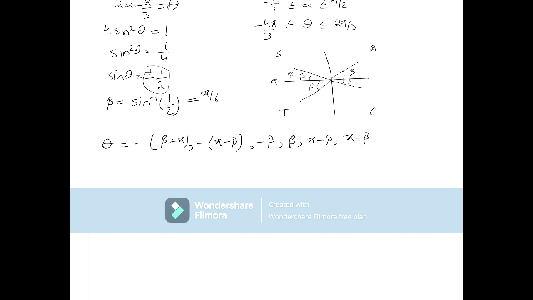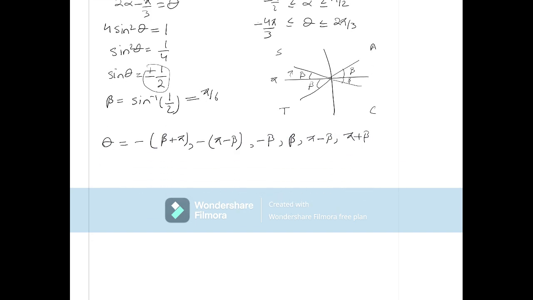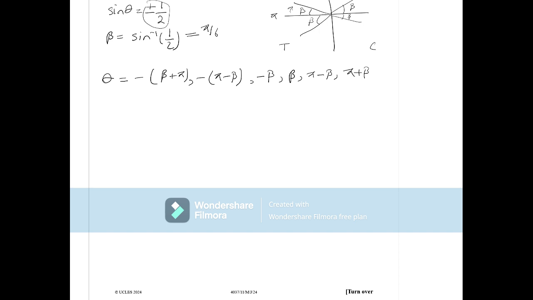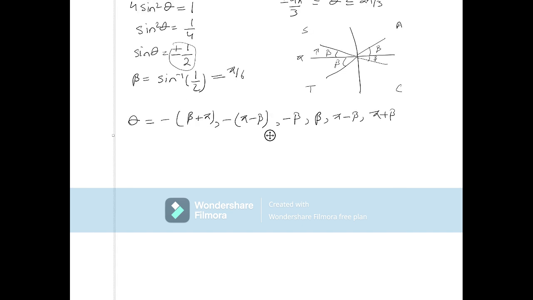So I have extended my range, then I'll just keep the answers which are in this range and omit the ones out of the range. To stay safe, I've taken a bigger range of numbers. Okay, so beta is pi by 6. I just need to put pi by 6 here. So my theta would be negative 7 pi by 6, negative 5 pi by 6, negative pi by 6, 5 pi by 6, and then 7 pi by 6.